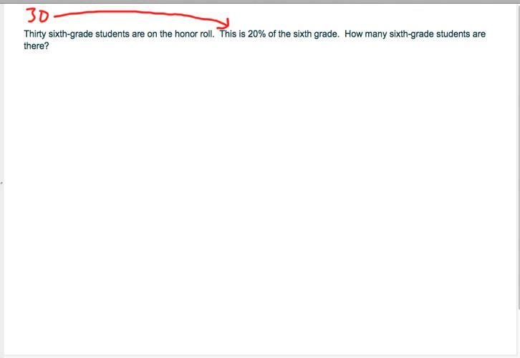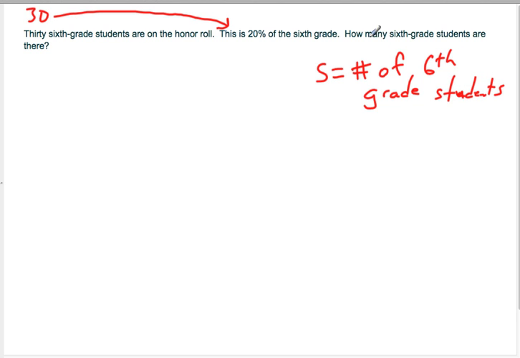Okay, so let's say S equals number of 6th grade students. Again, the question is what I'm going to make my variable. How many 6th grade students are there? S equals number of 6th grade students. That's easy. So now we're going back to this sentence here.